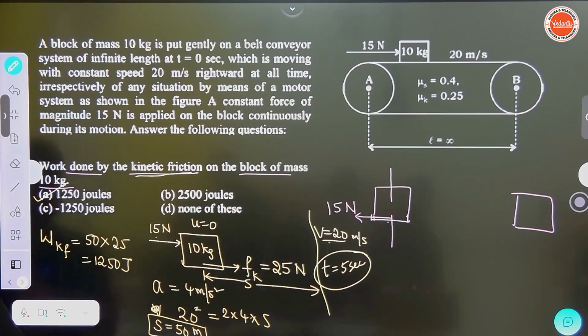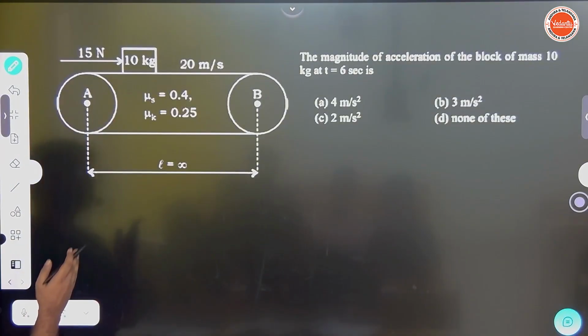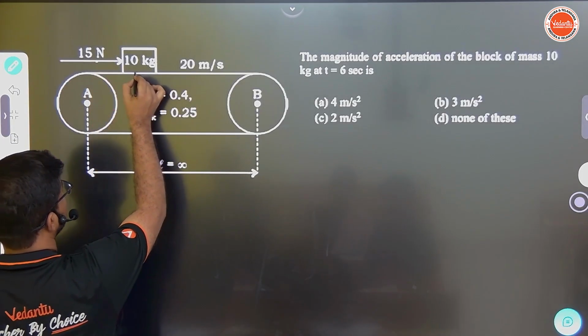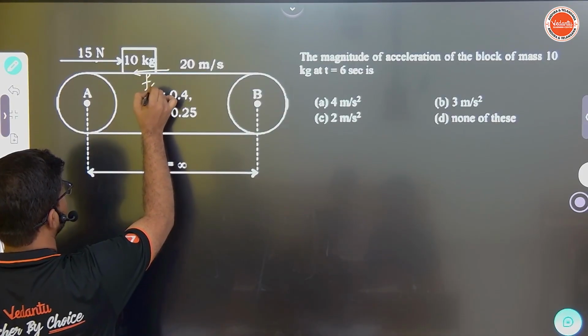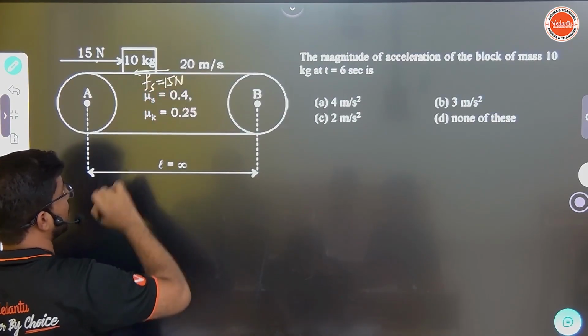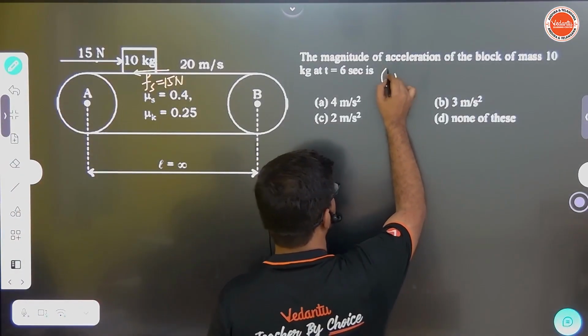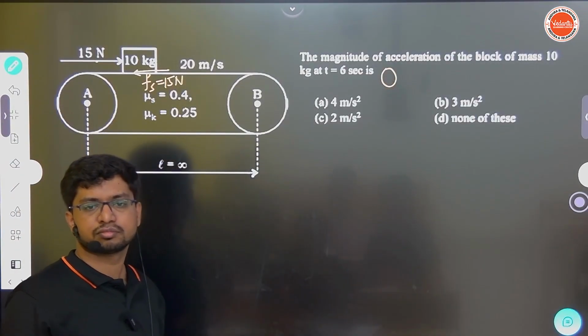Correct? So now what is the acceleration over here? What will be the magnitude of acceleration of the block of mass 10 kg here? 15 newtons is applied on this. Again, static friction exactly equal to 15 newtons will act on this. What will be the acceleration? 0.